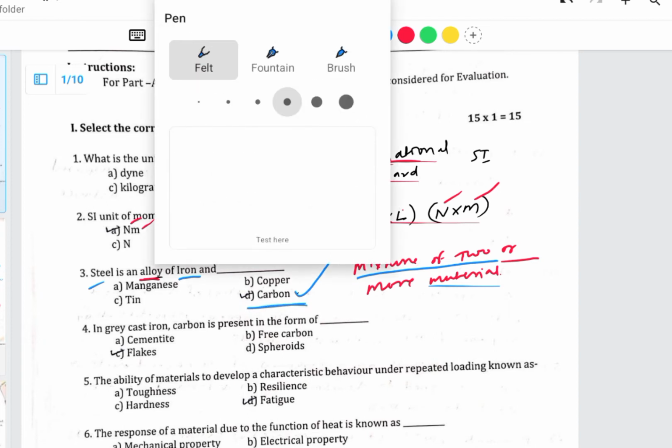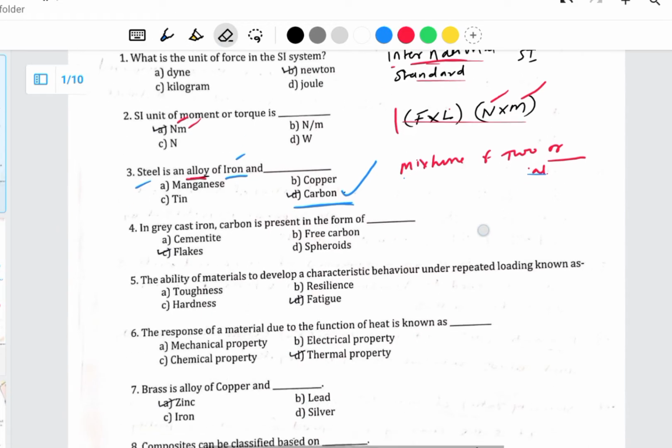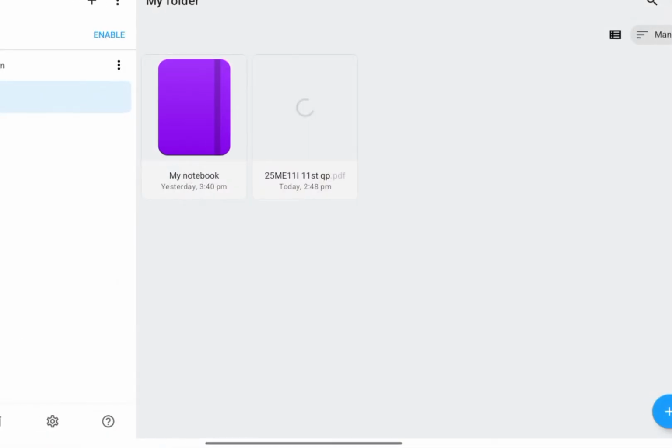Okay. So the next one: in the grey cast iron, carbon is present in the form of what? Flex. The answer is the flex. Flex, they are also calling it graphite. It is like a powder, just like a powder, graphite.